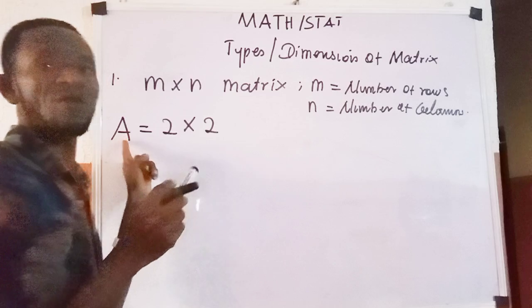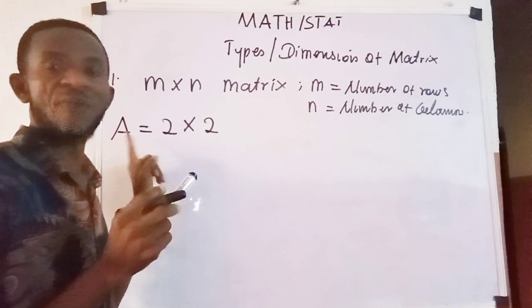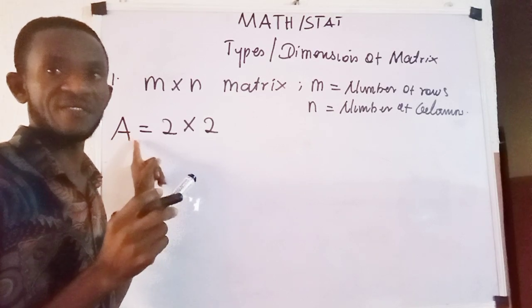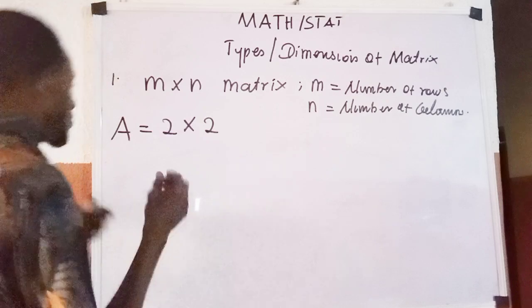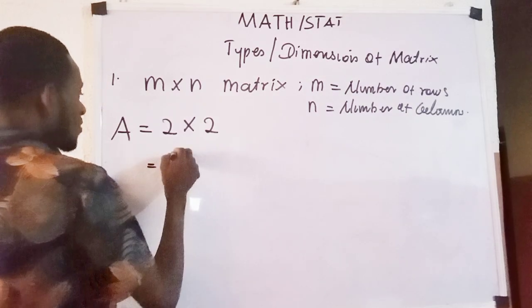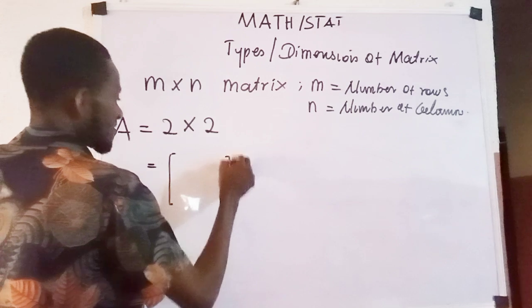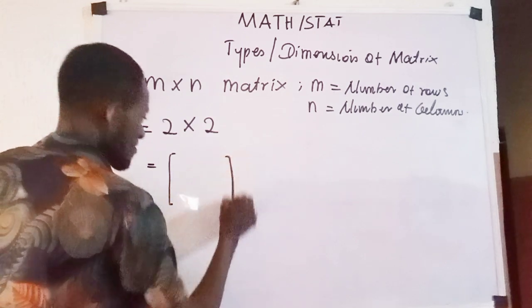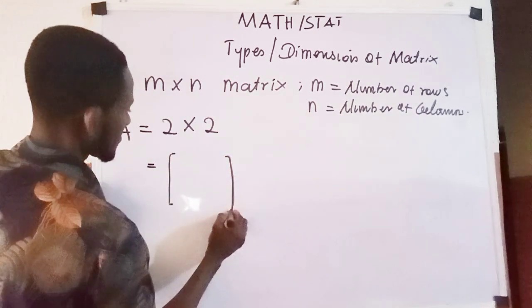How do we now represent this matrix? Using the small letters of this uppercase letter A. It is represented as this. We say this equals, you now open what looks like a rectangular bracket this way.